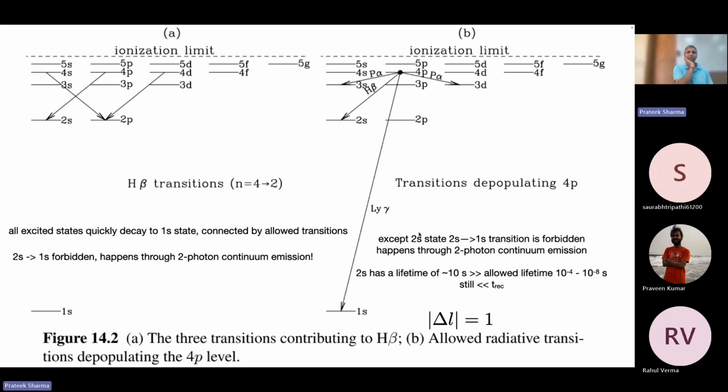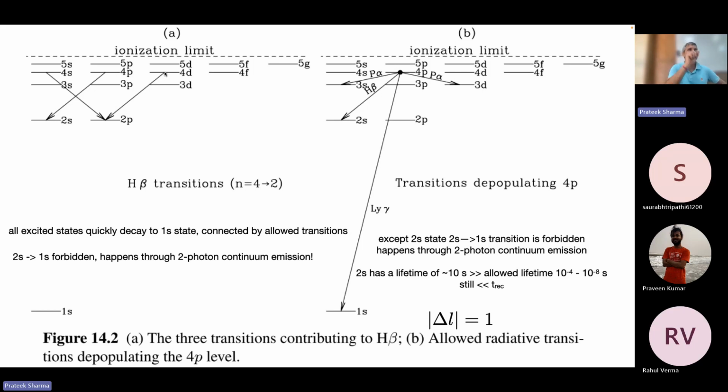Now, there's also a little bit of atomic physics involved here. These are energy level diagrams for the hydrogen atom: 1s, 2s, 2p, 3s, 3p, 3d, and so on. What are the possible allowed transitions, not forbidden?